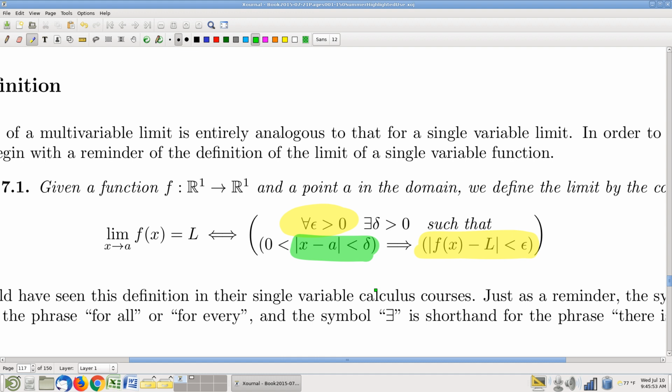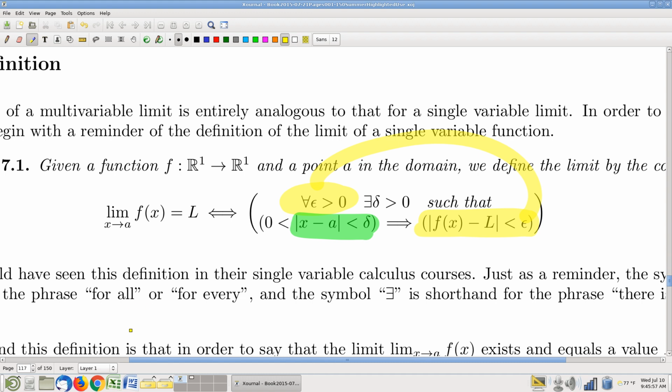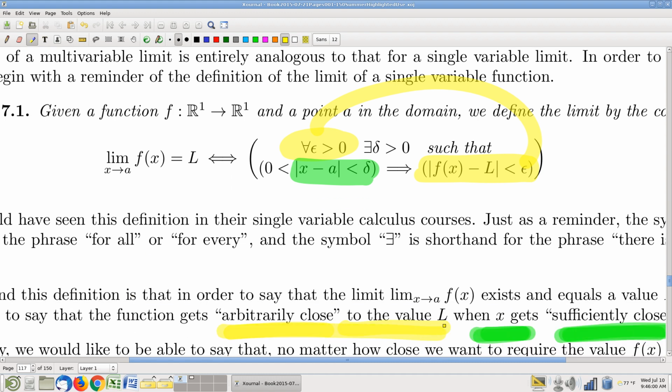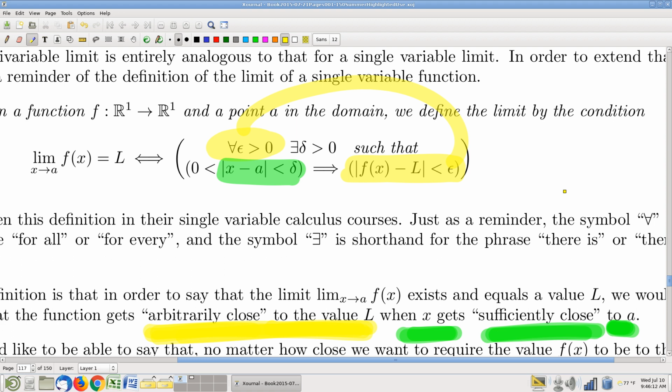So when we say I want the function to get arbitrarily close to L, arbitrarily close, no matter how close you want me to get, we're going to get that close, as long as x is sufficiently close.